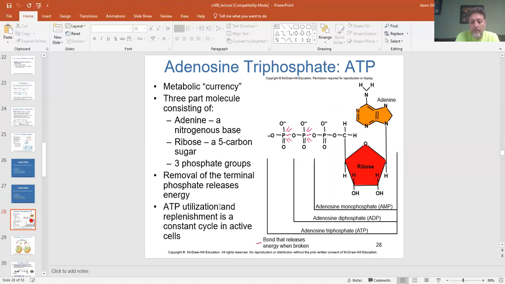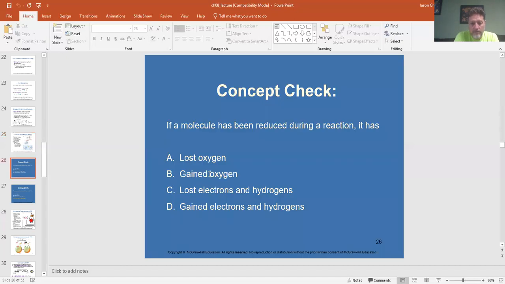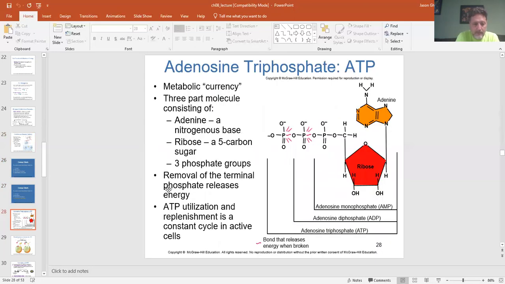This one is the main one. If we come back up here, NAD and FAD are just going to carry some energy until they can be made into ATP. And ATP is what all organisms use for energy molecules. Let's come back to this question. If a molecule has been reduced, it is going to gain electrons and hydrogen.